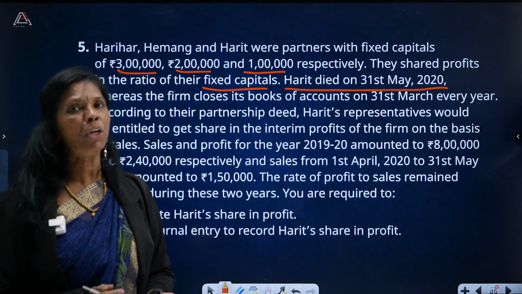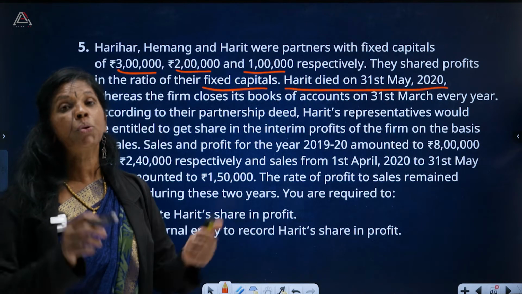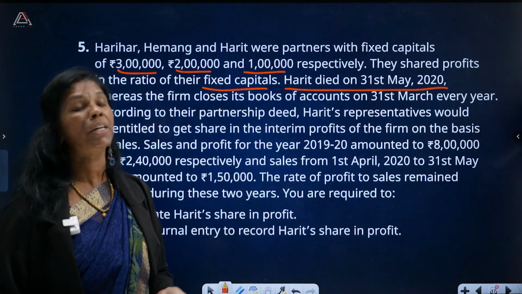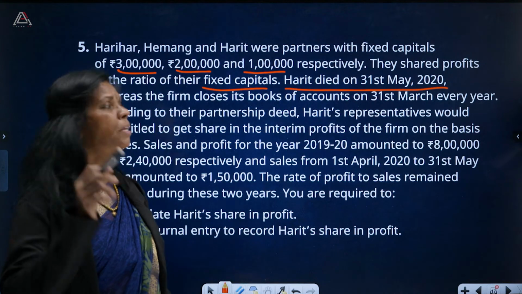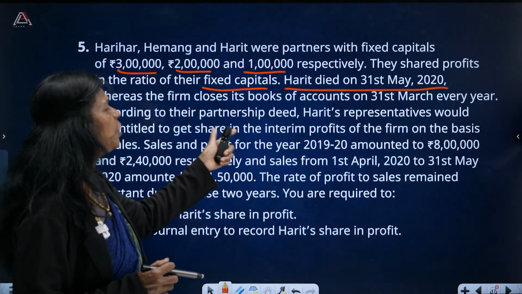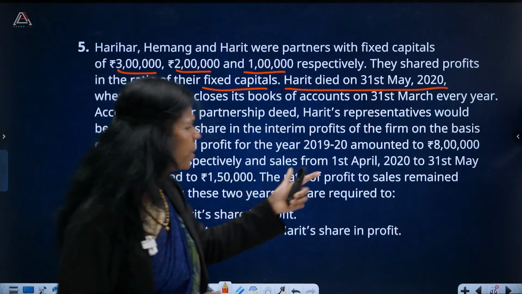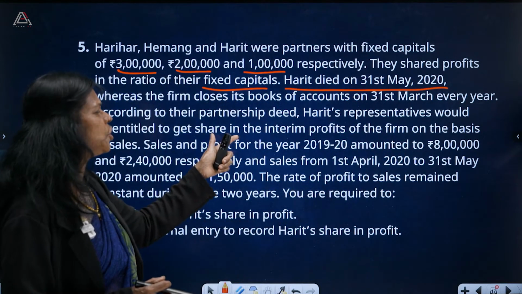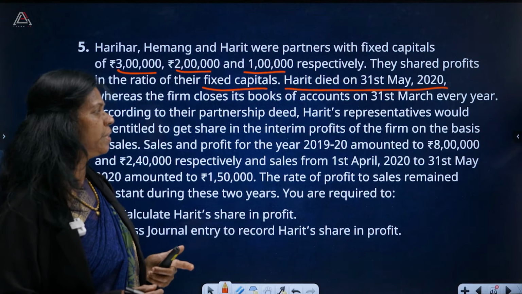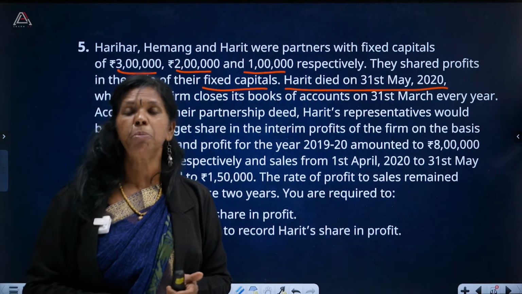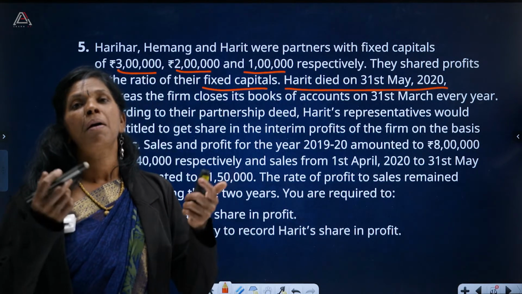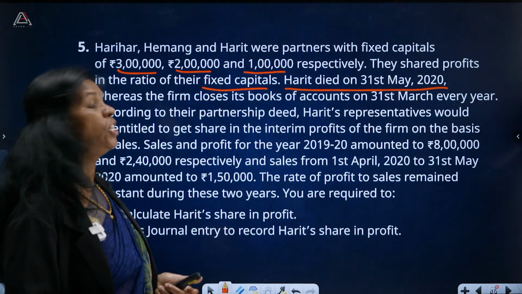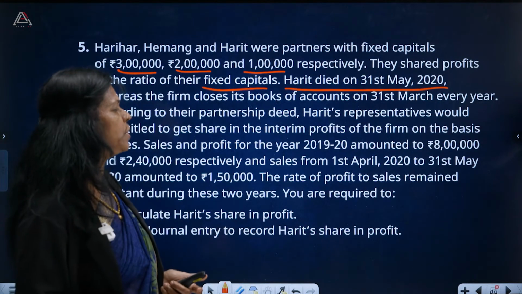So after the accounting year ended, 2 months later he died, that is April and May. According to their partnership deed, Harith's representative would be entitled to get a share in the interim profit. As per their partnership deed, Harith's executors will be entitled to get interim profit.